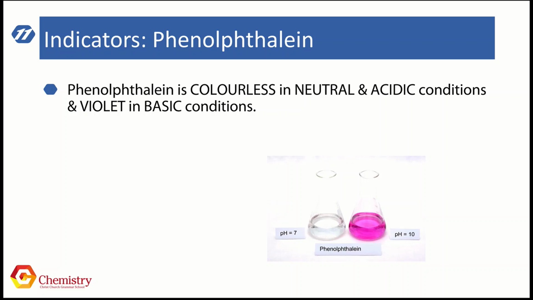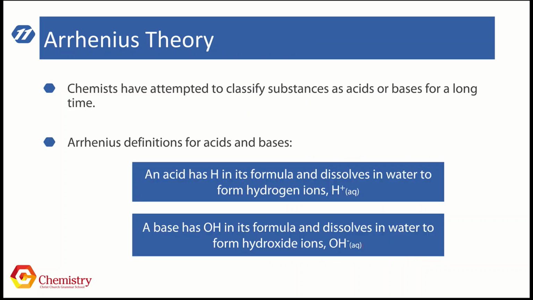So, on to theories of acids and bases. So the first theory is Arrhenius theory, and that you need to know about. And there were theories that were precursors to Arrhenius theory, but this is really the basic entry point into modern chemistry.